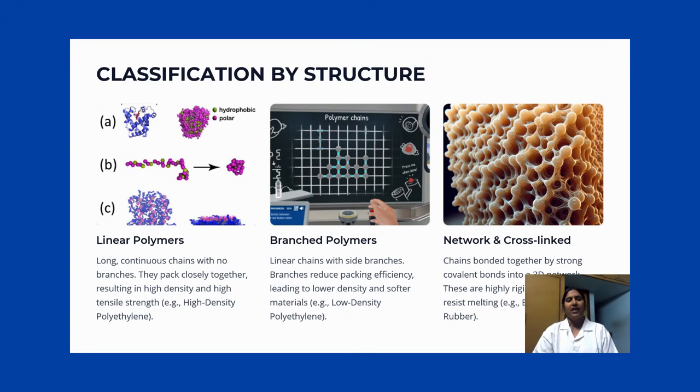Branched polymers have linear chains with side branches. Branches reduce the packing efficiency, leading to lower density and softer materials. Example: low density polyethylene. Network or cross-linked polymers have chains bonded together by strong covalent bonds in a three-dimensional structure. Example: rubber.